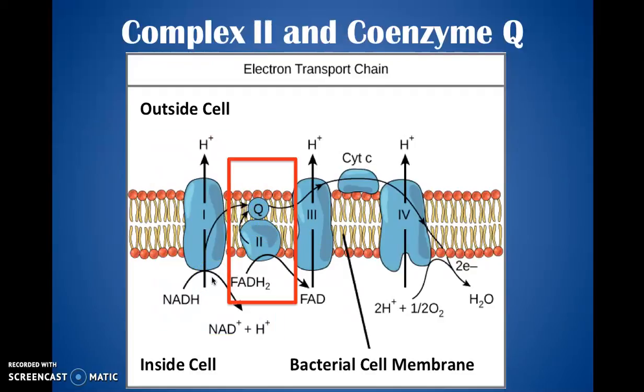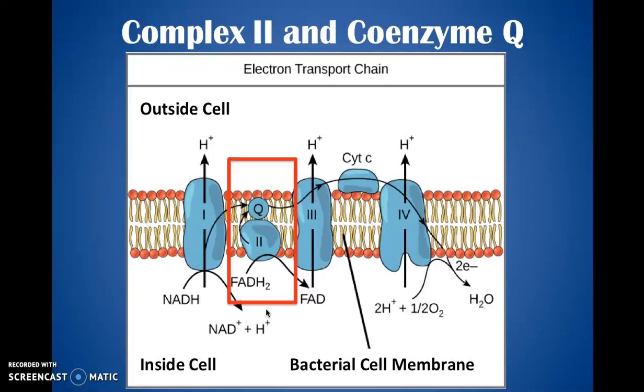So complex 2 and coenzyme Q, electrons from FADH, which are also produced in the Krebs cycle, are going to feed directly to complex 2 because it can't transfer its electrons to complex 1.